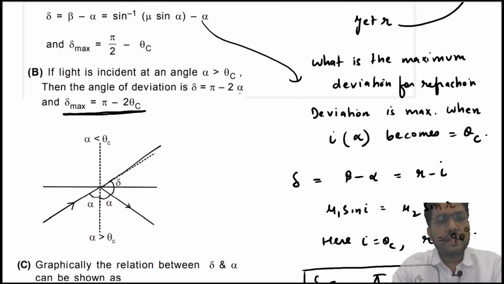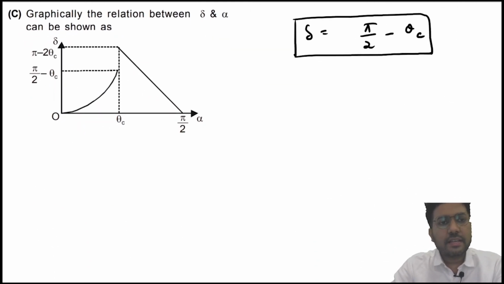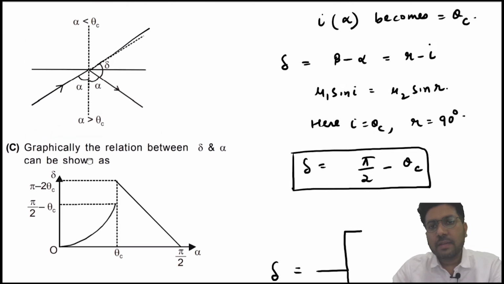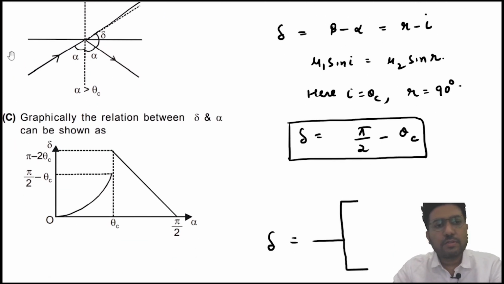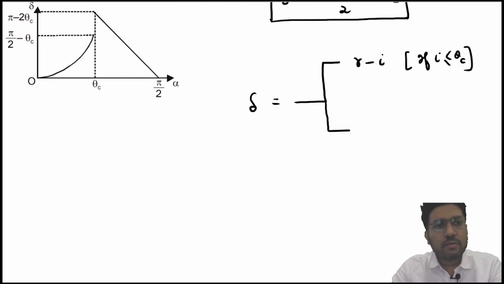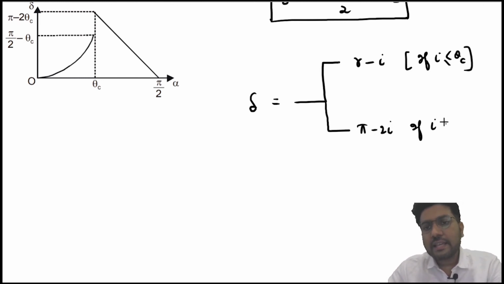So mathematically, delta is equal to r minus I if I is less than or equal to theta c, but delta is equal to pi minus 2I if I is greater than theta c.